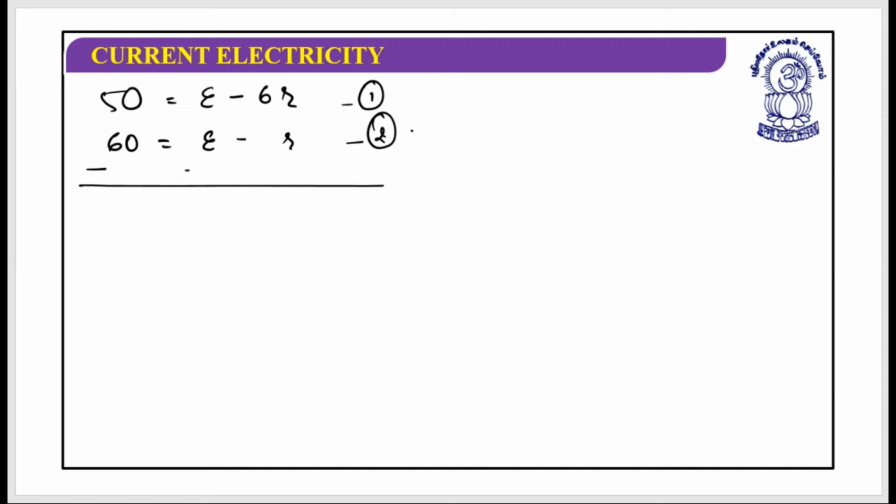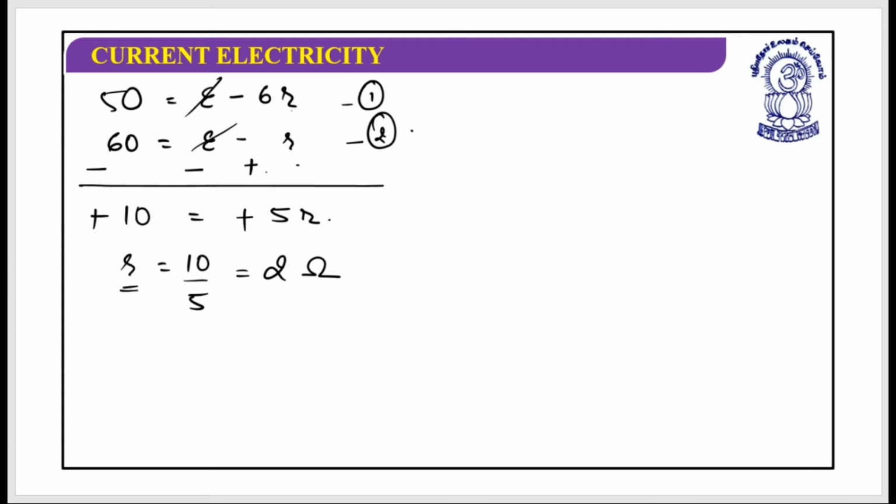So minus plus, this E and E have gone. 50 minus 60, this is minus 10, equal to minus 6R plus R. It's minus 5 into R, and minus 5R, minus plus, and R is equal to 10 divided by 5, which is 2 ohm resistance.